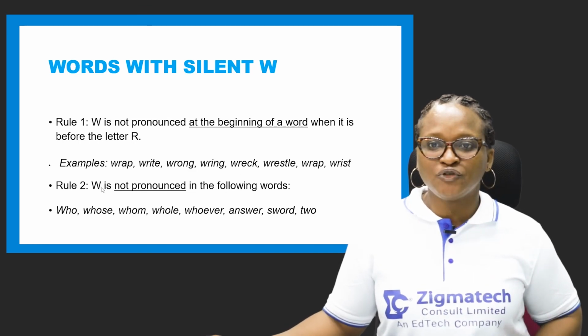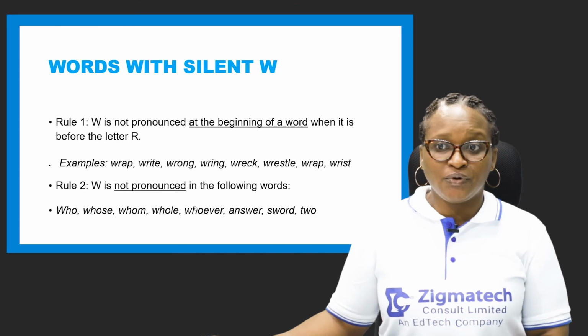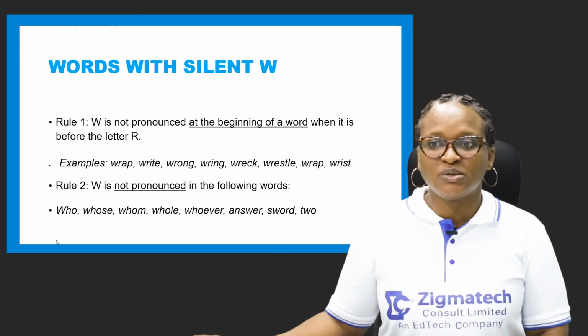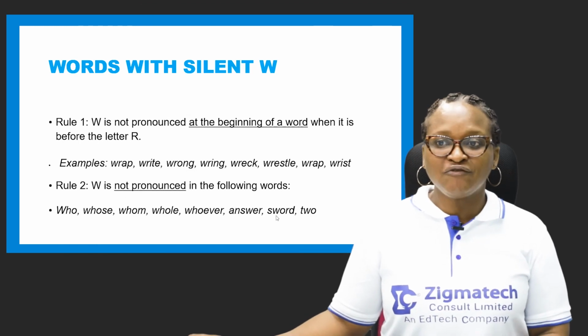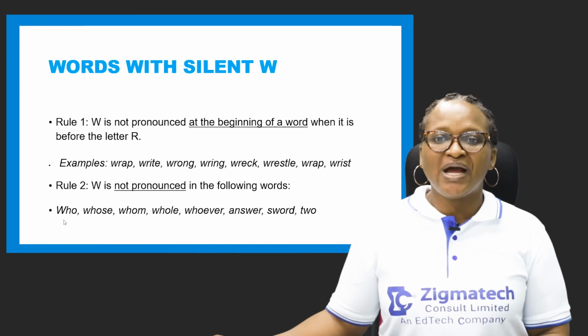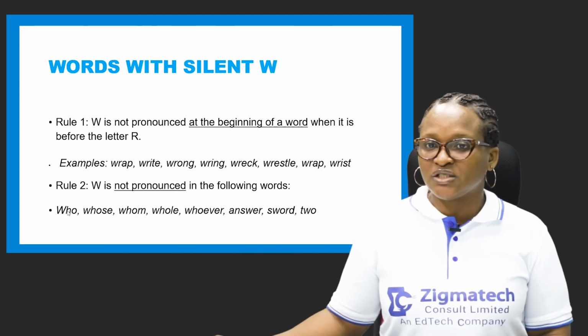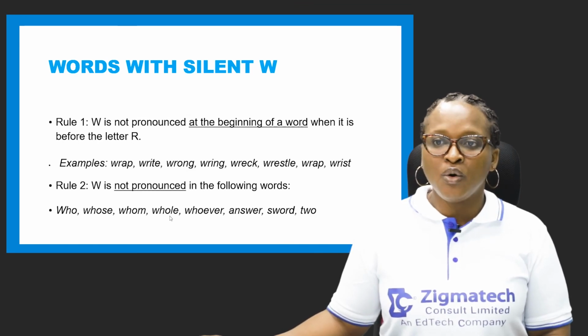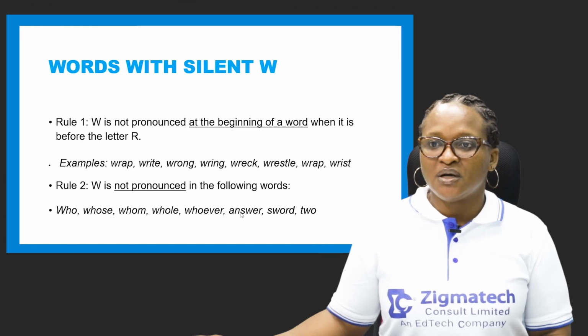Again, we have WH words where the W is not pronounced, and also some words that have W in them but the W is not pronounced. We have whose, who, whom, whole, whoever, and answer.